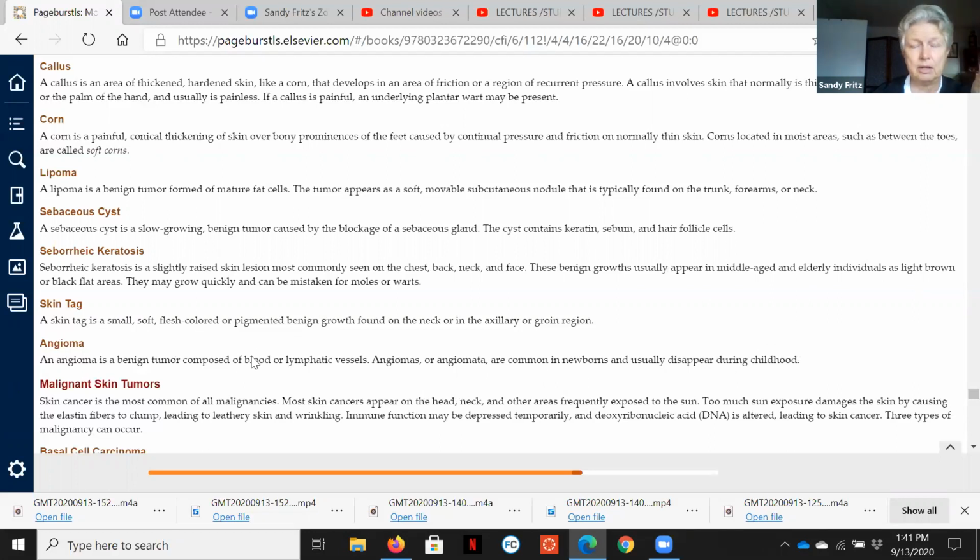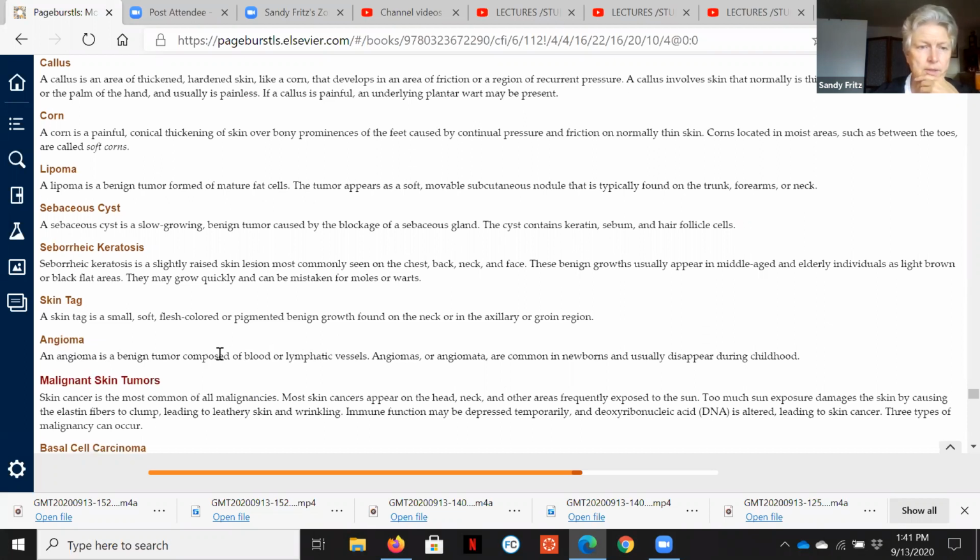So if they're in areas where they get bumped or rubbed, that can be problematic. They can be quite disfiguring if they're on the face. And so if you have a client that has an angioma, don't massage heavy over it because of the fragility of the capillary structure and the vessel structure in there.